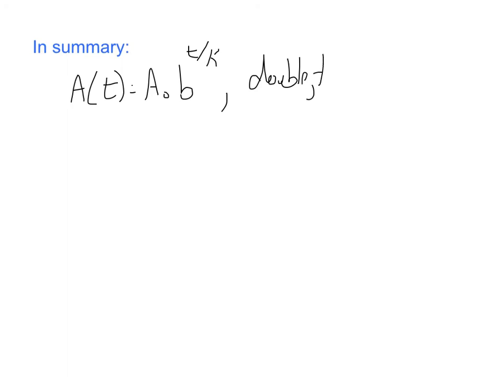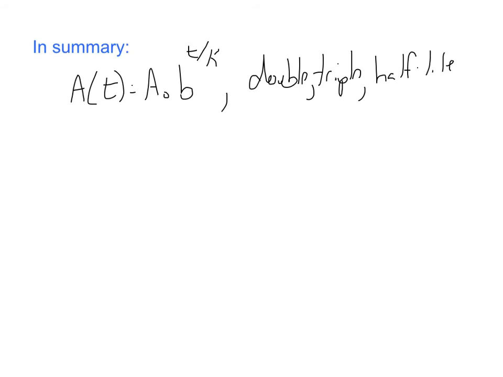Okay. In summary, here we go. All the formulas we've got so far. A of t equals initial amount times B to the t over K power. You'll usually use this formula when you're doubling something or tripling something or cutting in half, like the half-life or fourth life.